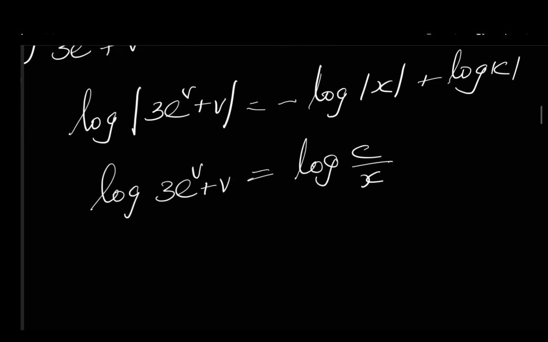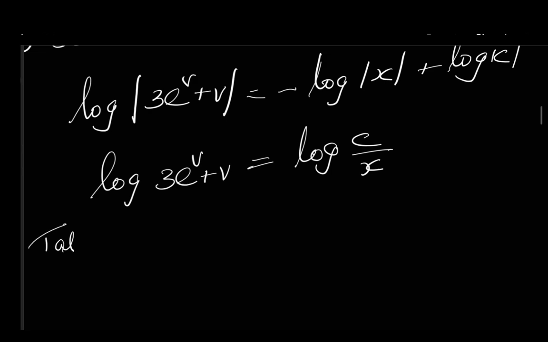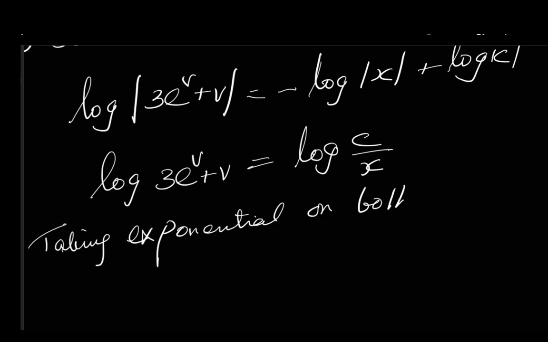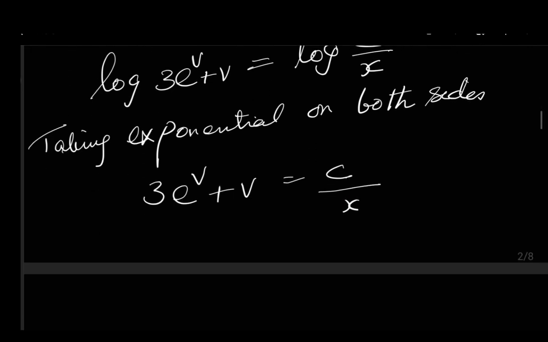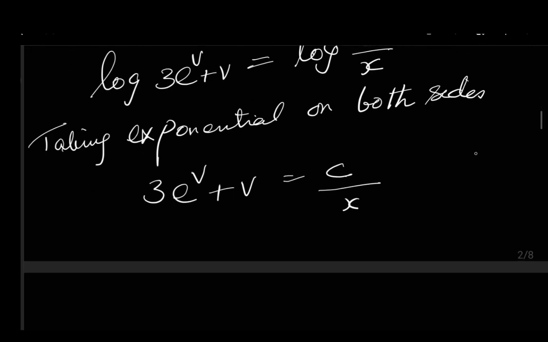Taking exponential on both sides, 3e^v + v is equal to c/x. Now replace, because we have taken y equal to vx, so v is y/x.